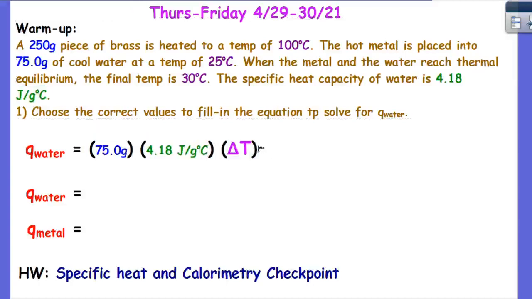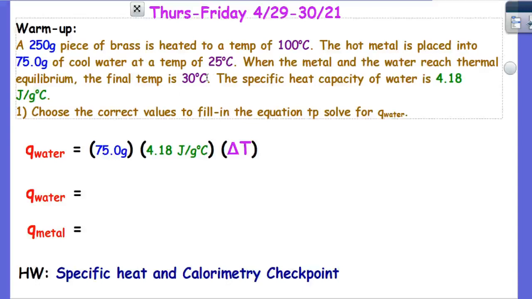And then my delta T, remember that's final temperature minus initial temperature. I have three temperatures. Uh-oh. Well, let's look at this. Well, the 100 degrees is the initial temperature of my metal. Okay, so I don't need the 100 degrees. The cold water is initially 25 degrees, and at the end, they're both 30 degrees.